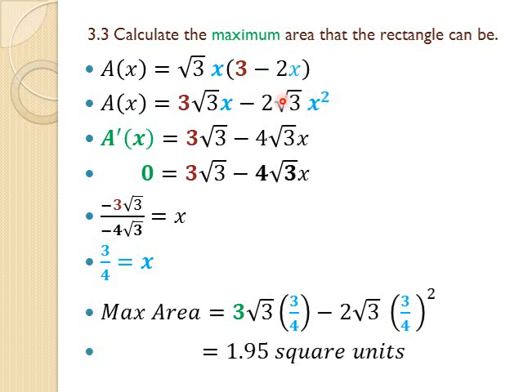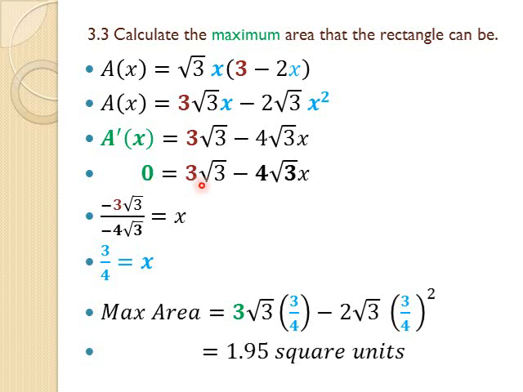Right, now I need to find the first derivative because they use the word maximum. So A prime x: 1 times 3 gives me 3 square root 3, 1 minus 1, x falls away. 2 times 2 gives me 4 square root 3, and there 2 minus 1 gives me 1x. And the first derivative will always be made equal to 0.